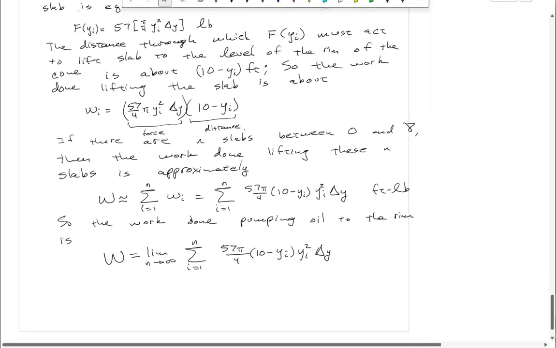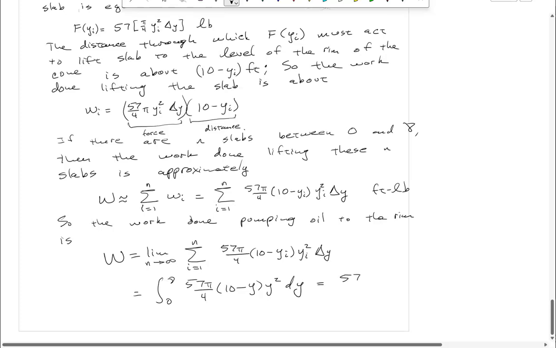And of course, by the definition of a definite integral, this becomes the integral from 0 to 8 of 57 pi over 4, 10 minus y times y squared dy.